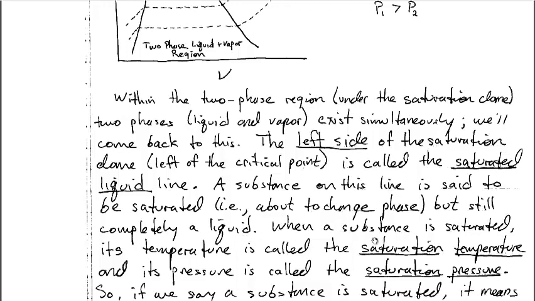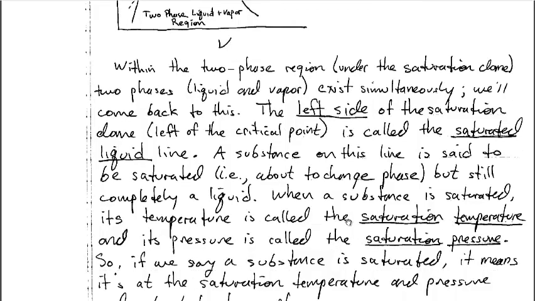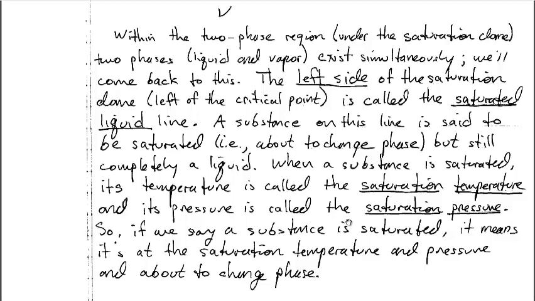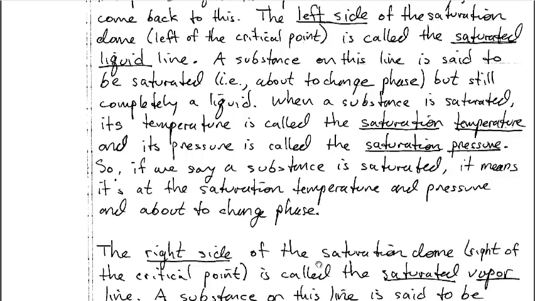So when a substance is saturated, we say that its temperature is called the saturation temperature, and its pressure is called the saturation pressure. Okay? So if we say a substance is saturated, for example, it means it's at the saturation temperature and pressure and is about to change phase, whether it's about to become a liquid, if it's already a vapor, or it's about to become a vapor if it's already a liquid.